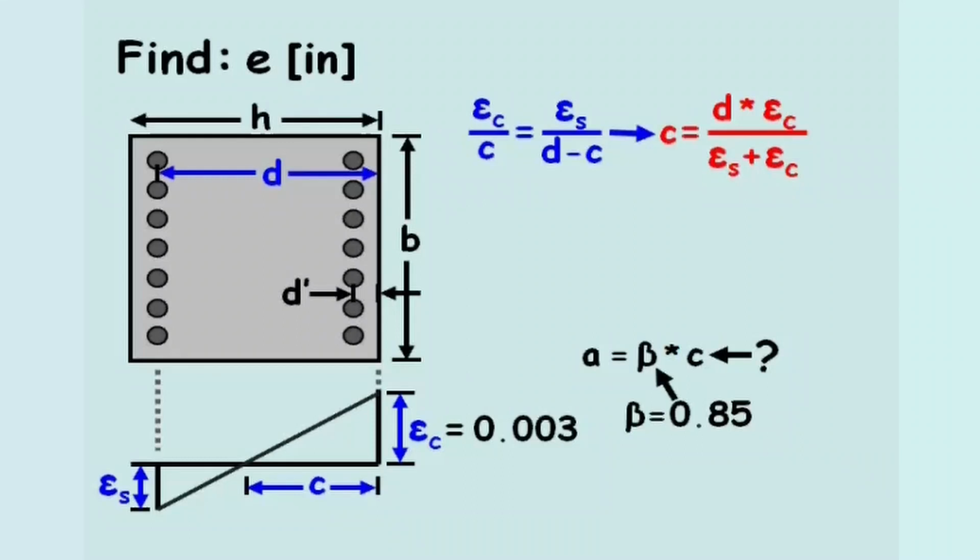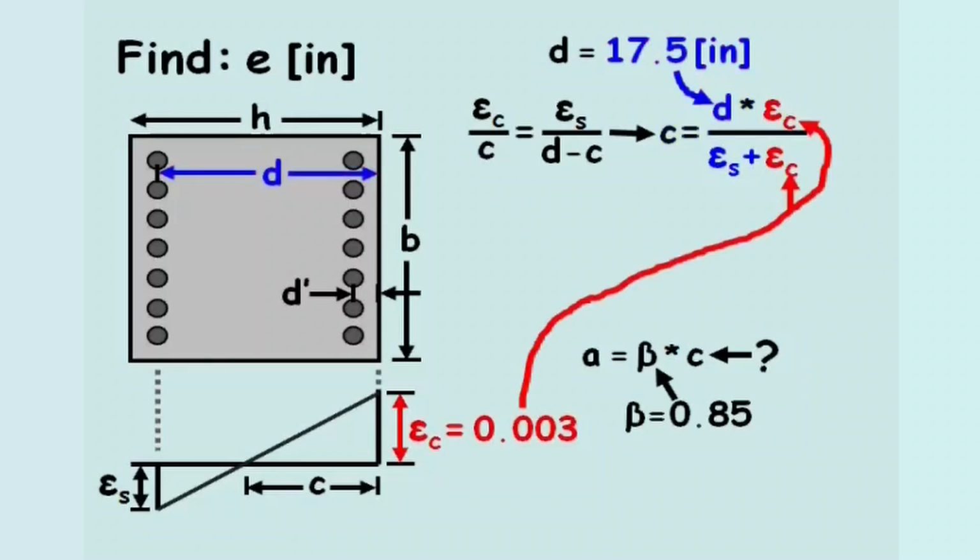From the problem statement, we know D equals 17.5 inches. Also, as is typical, we'll set the strain in the concrete equal to 0.003, the strain at which the concrete is assumed to crush. The problem also states the strain in the tension steel equals the yield strain in the steel, which equals the yield stress in the steel divided by the Young's modulus of the steel.